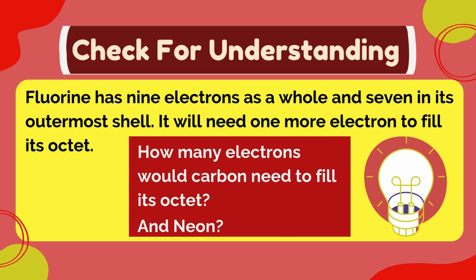The answer is that carbon needs 4 electrons to fill its octet, because it has 4 electrons in its outermost shell and 4 more are needed to complete it. And neon has 10 electrons, so 2 electrons are present in the first shell and 8 electrons in the second shell. So neon has already filled its octet.